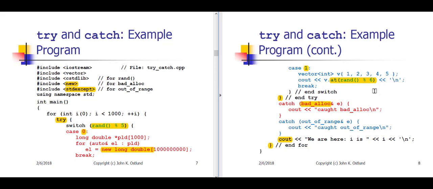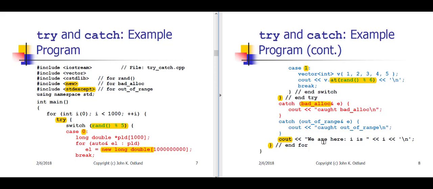Now, very roughly speaking, we're going to get a uniform distribution of values between 0 and 5 from this calculation, and that means that 5 times out of 6, if we have an index between 0 and 4, v.at of the index will be fine. We'll simply display the value at that index. Then we'll come down below the catch blocks and we'll say we are here, i is whatever it is, and we'll go back up to the next iteration of the loop.